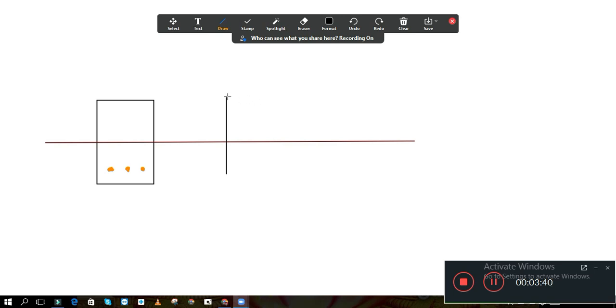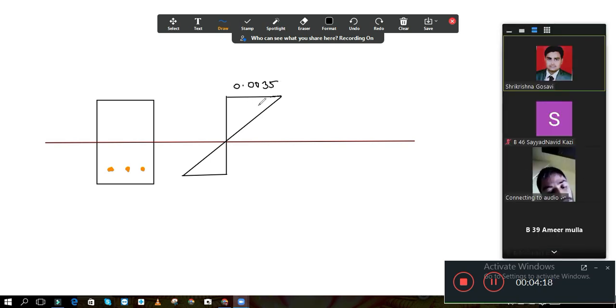So at the top this is the compressive strain, at the bottom this is your tensile strain. You can join these two lines. This is the maximum compressive strain, it is 0.0035. This is the strain distribution I am showing to you.